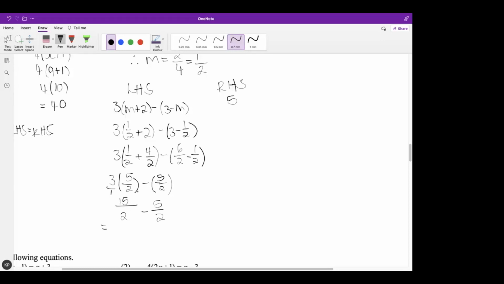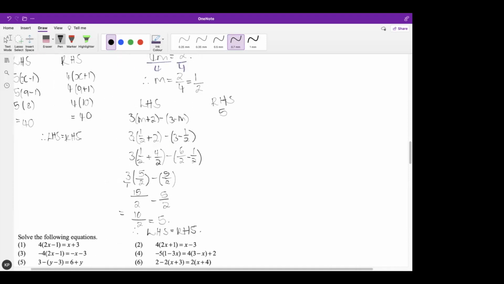Remember, we are minusing the numerators. 15 minus 5. That is 10 over 2, which simplifies to what? Which simplifies to 5. Then we can say, therefore, my left-hand side is equal to my right-hand side.